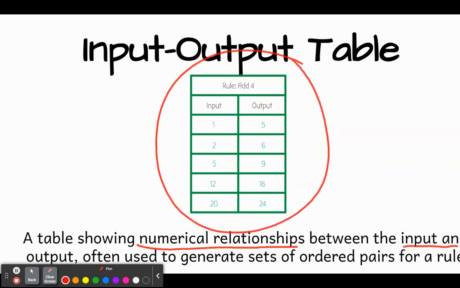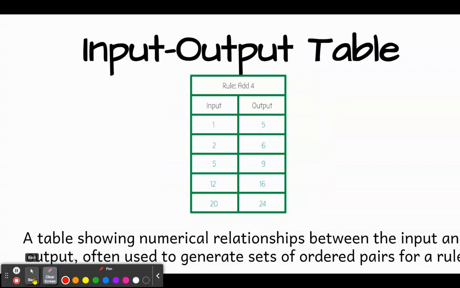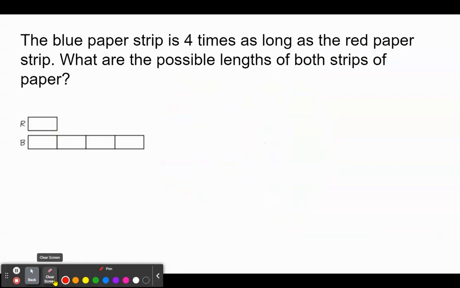Let's go ahead and look at our input-output table in our problems for today. So over here, we have the blue strip is 4 times as long as the red strip. What are the possible lengths of both strips of paper? So I know that my red strip is 1 unit, and then our blue strip is going to be 4 times that.